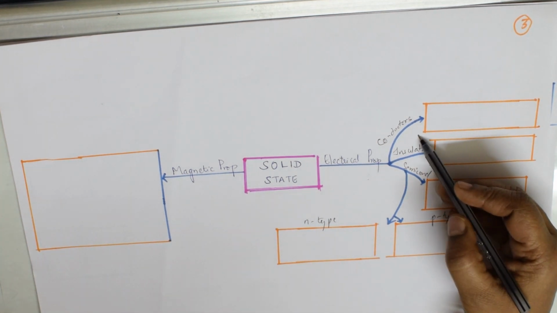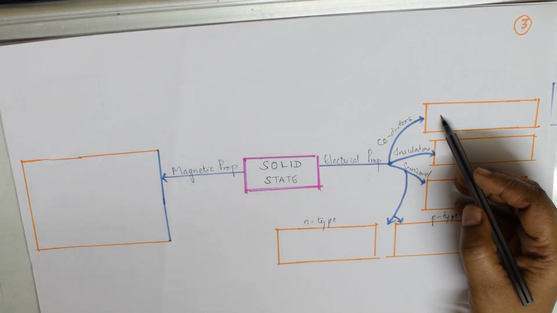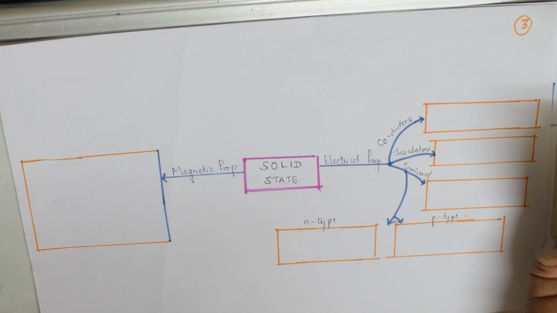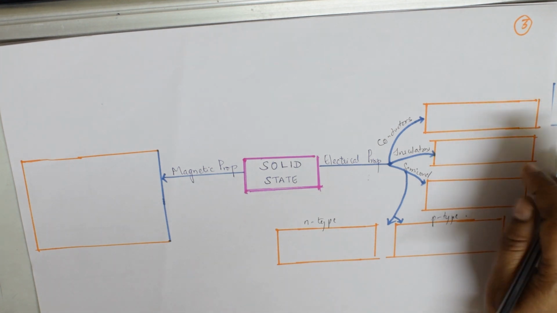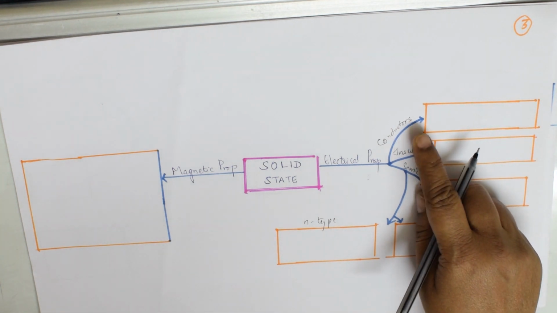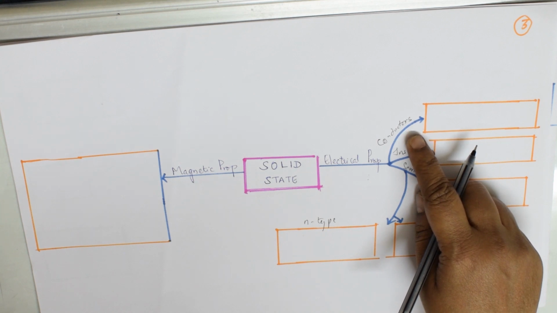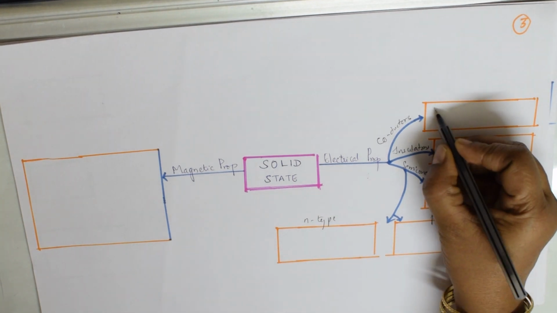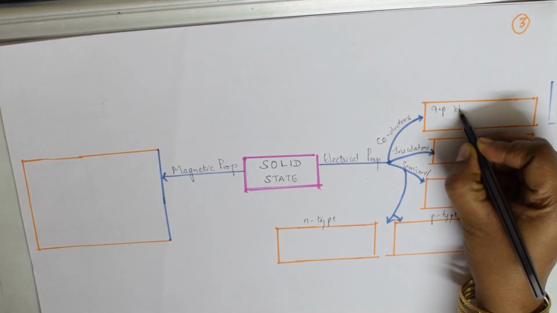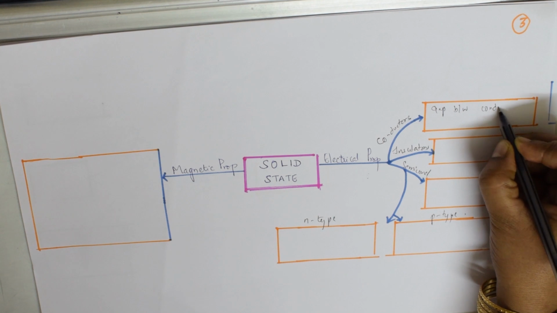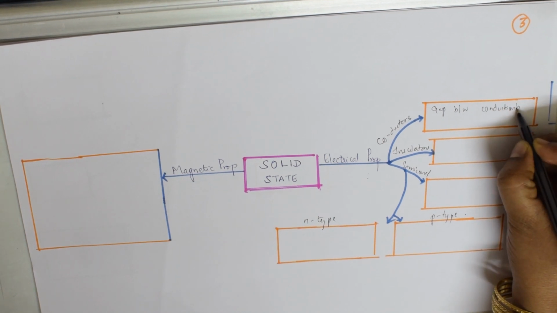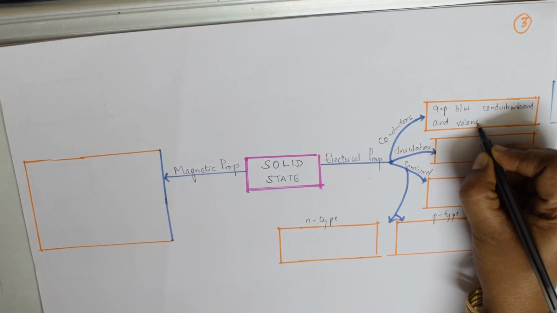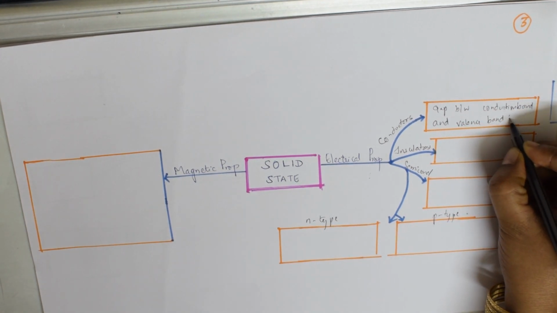So basically conductors are those substances, important thing in this, you have 2 bands, isn't it? One is the conduction band and the valence band. So in conductors, what is important? The overlapping or the gap between conduction and the valence band is very small. So let us write: gap between conduction band and valence band is very small.